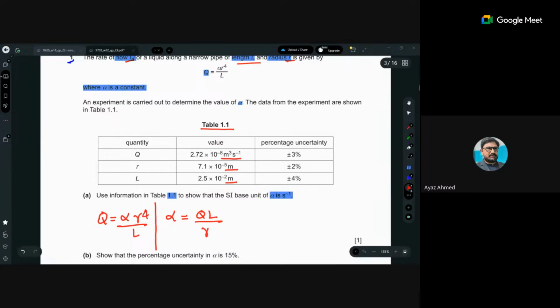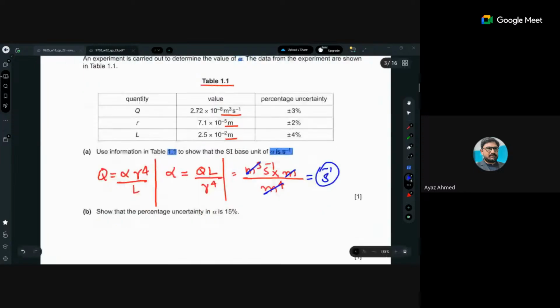Unit of q is meter cube second minus 1, L is a length so its unit is meter, and R is a distance so its unit is meter, so it is meter power 4. When you cancel, m3 and m make m4, and that is cancelled by the m4 in the denominator. So you have second inverse, that is its unit.